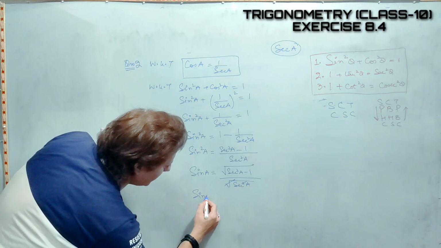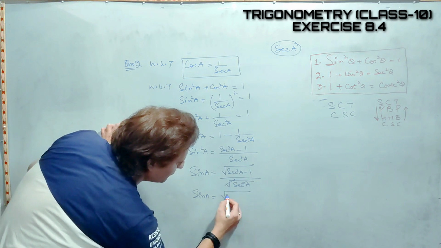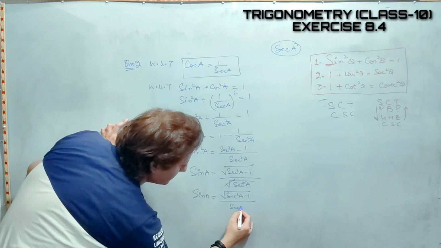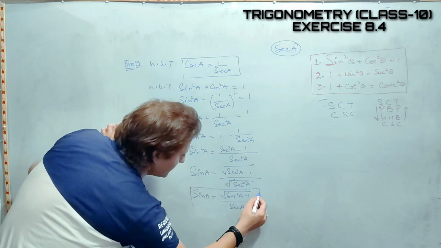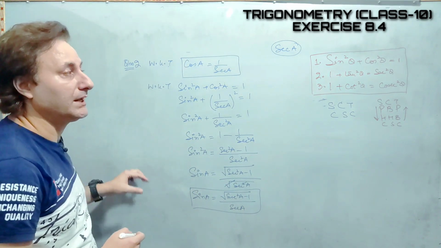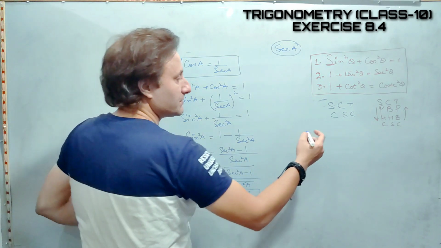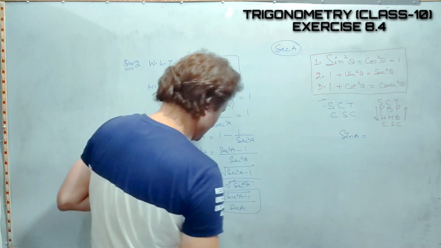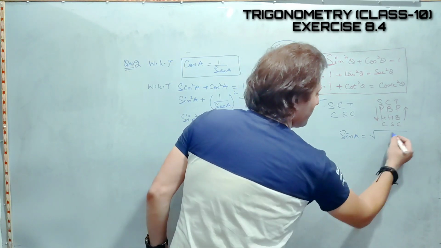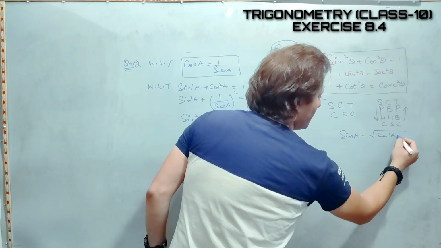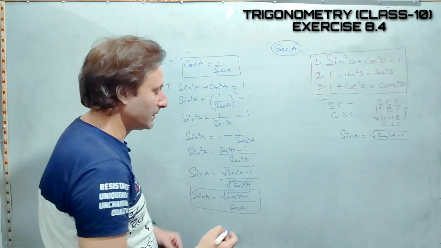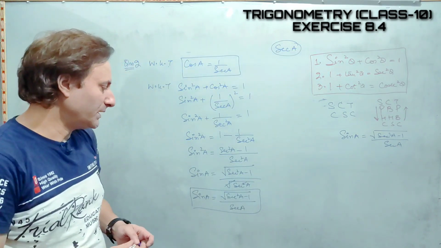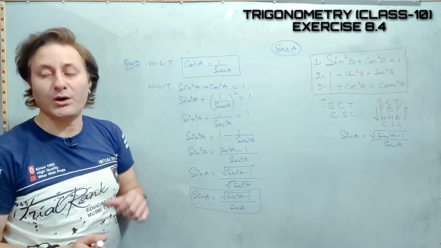I have sine A equal to under root sec square A minus 1 upon sec A. This is the value of sine A. We have the value of sine A, which is equal to under root sec square A minus 1 whole divided by sec A. Okay, guys, we are done with sine, we are done with cos.